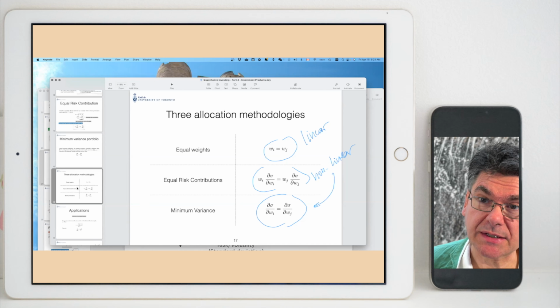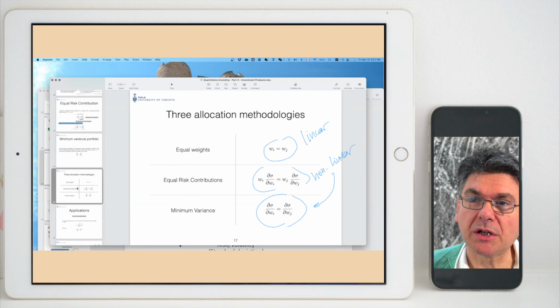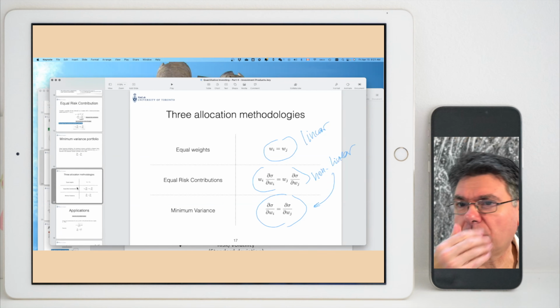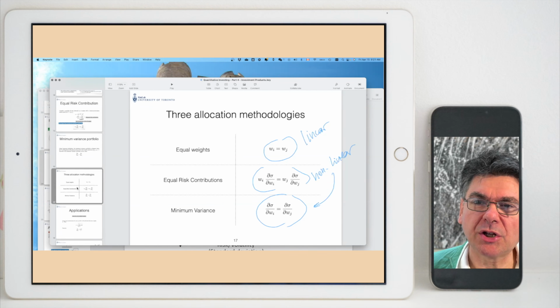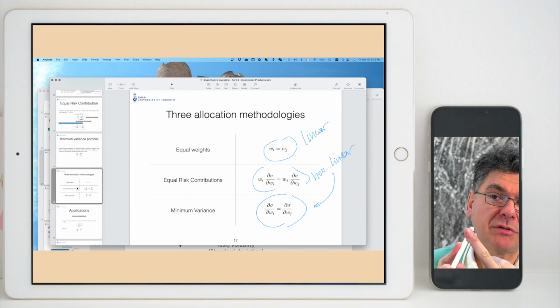I'm going to give each of you $1 million, and I want you to tell me of the $1 million, how much money goes into each of the investments: how much you put into the S&P 500, how much into the Hang Seng, and how much into the HFR. That's what your assignment is going to be.